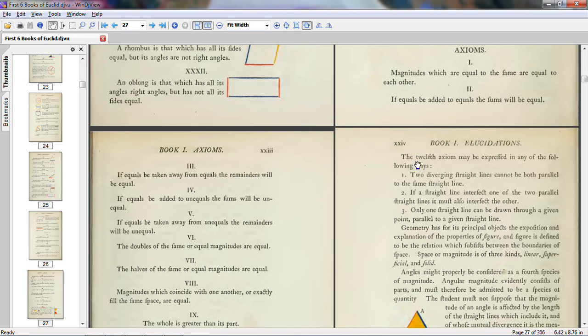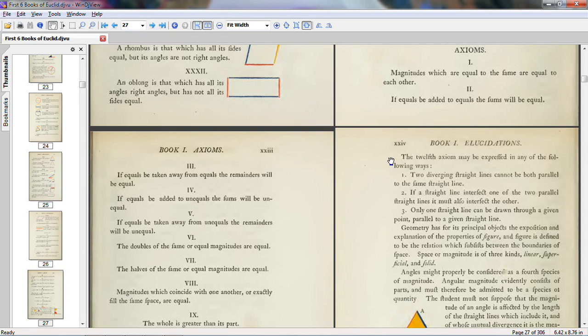So equals added to equals: if a equals c, then a plus b equals c plus b.